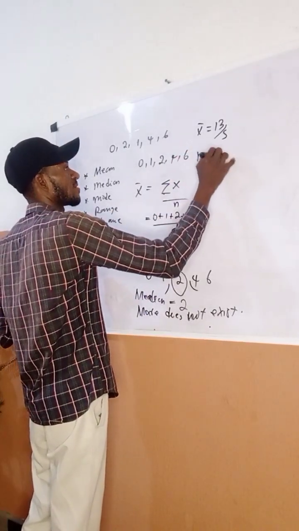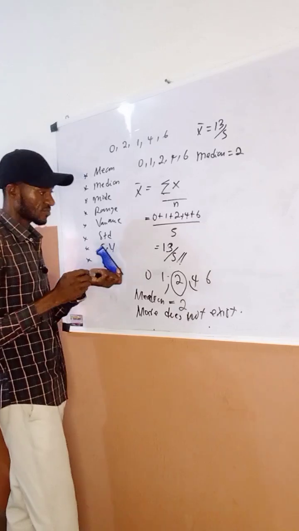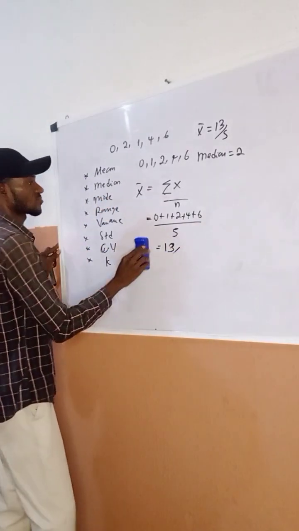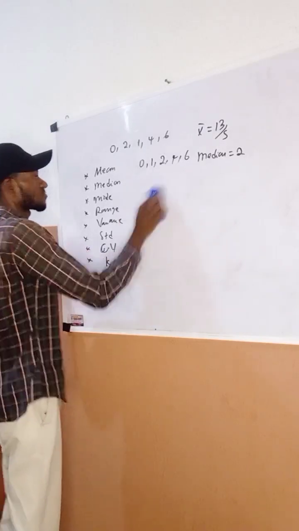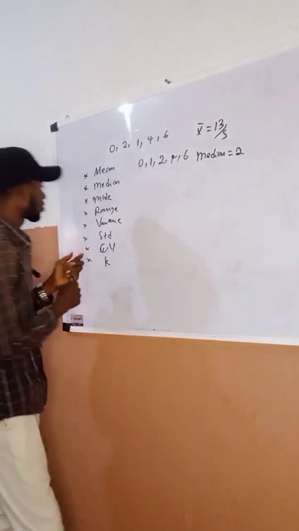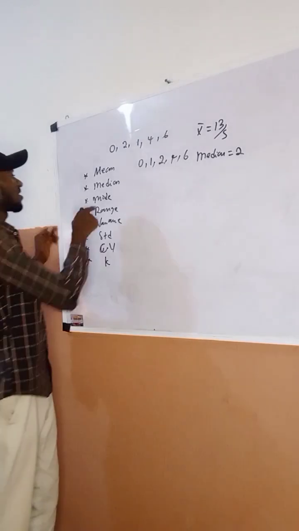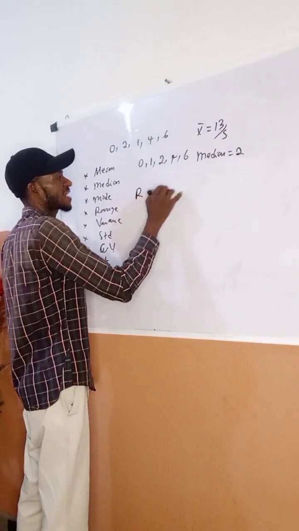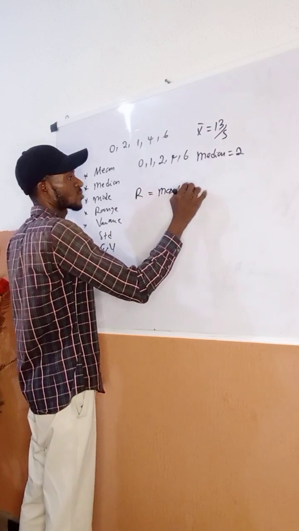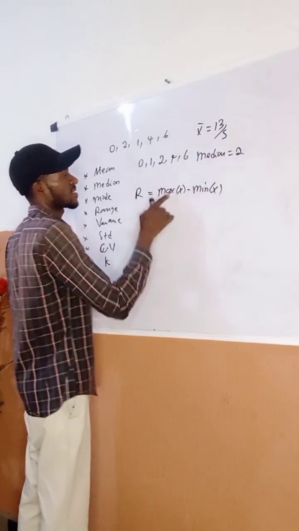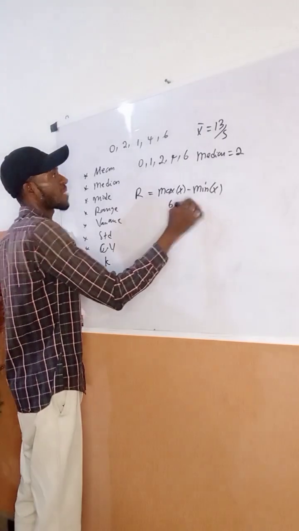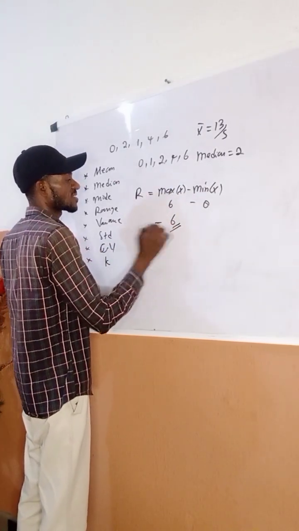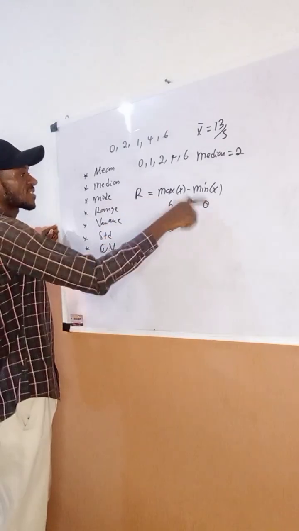Our range R is the maximum of x minus the minimum of x. The maximum of x is 6, minus the minimum of x, which is 0. So this equals 6. My range is equal to 6, because 6 minus 0 is 6.